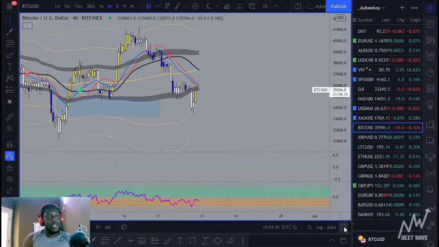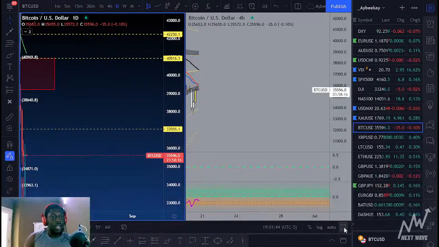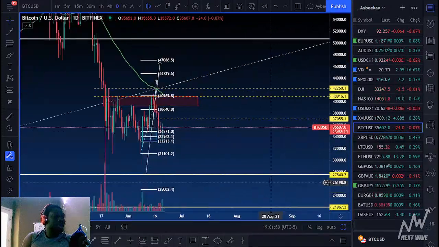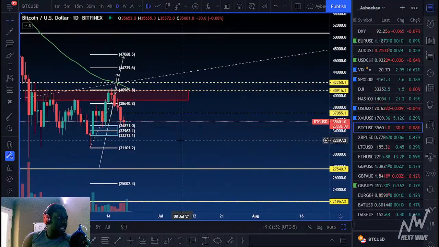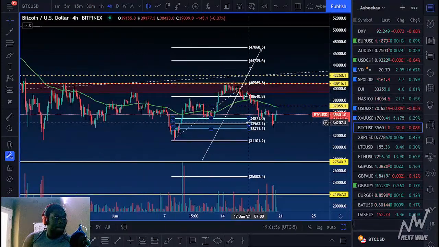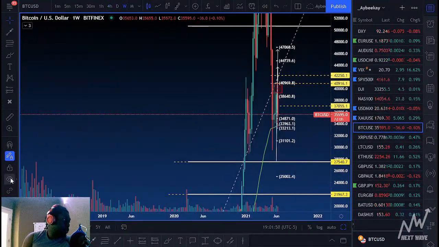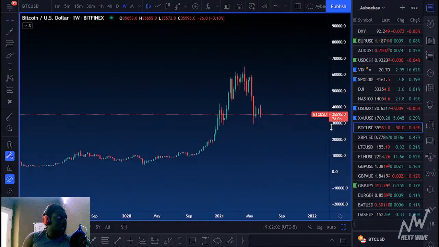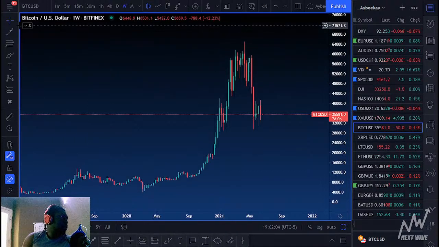All right, let's go on to the cryptos. I thought I heard something, my bad. All right, so let's look at the cryptos. Oh my goodness, that daily candle looks. First of all, no, let me just go on the weekly real quick. Okay, where is the 50 EMA?